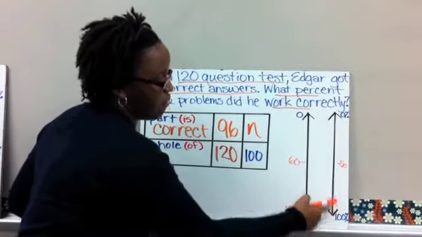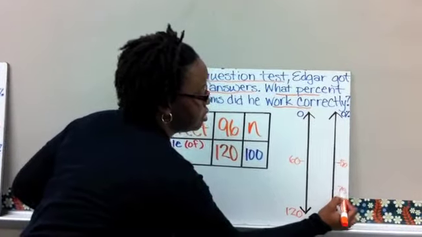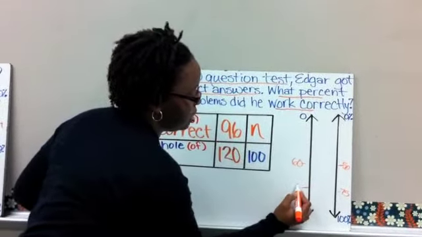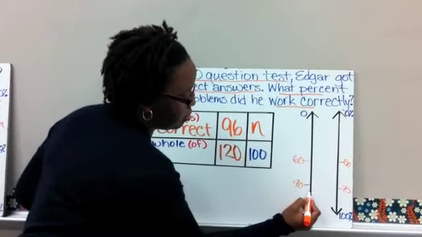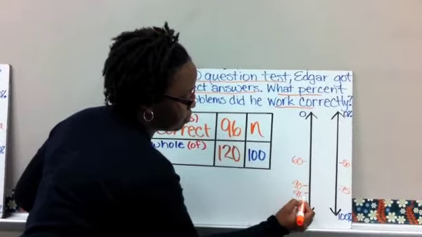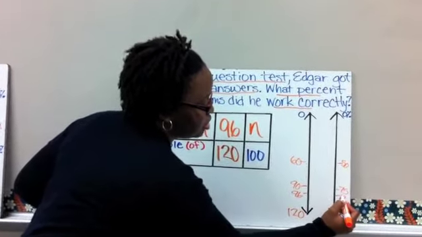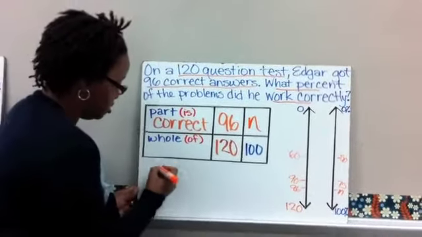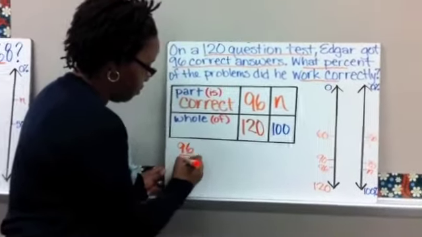And I can even go halfway between 50 and 100, 75%, which is halfway between 60 and 120, would be 90 questions. And so 96 is just a little bit more than 90. And so my percent should be a little bit more than 75%. So I'm going to go ahead and use this information, set up my proportion, and solve.